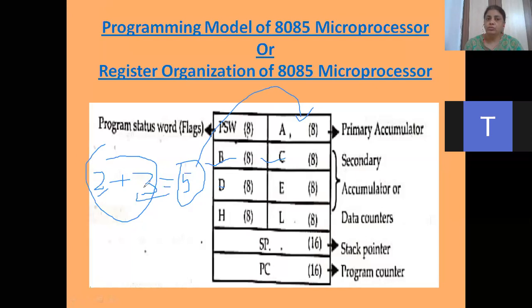Understood? So 2 plus 3 we have done, but one data should be in the accumulator and the other can be from anywhere. It can be from input devices, it can be from a register, or it can be from memory. So we can take data directly from input, or data can be stored somewhere in a register, or data can be in a memory location.